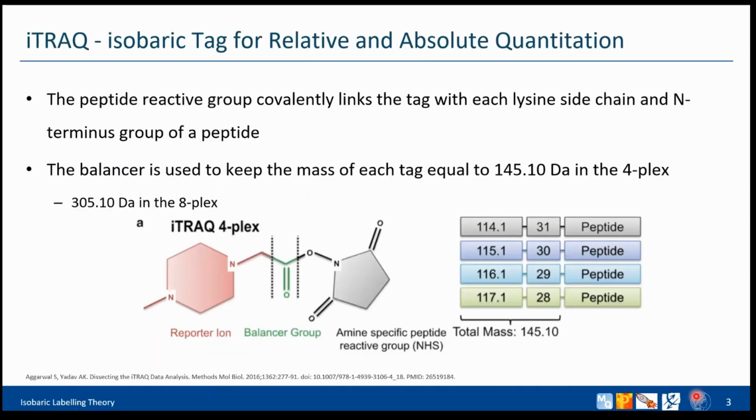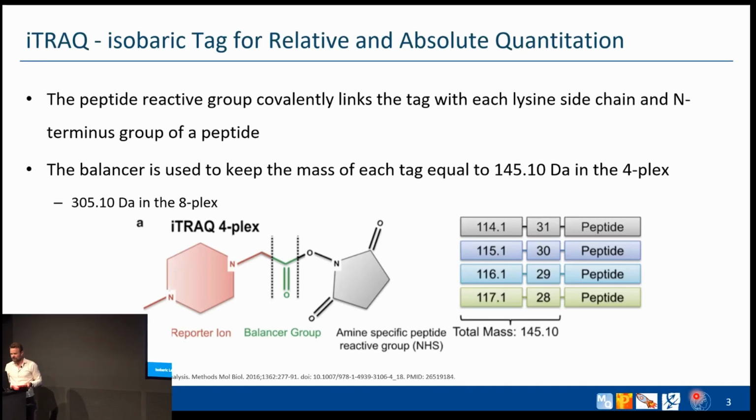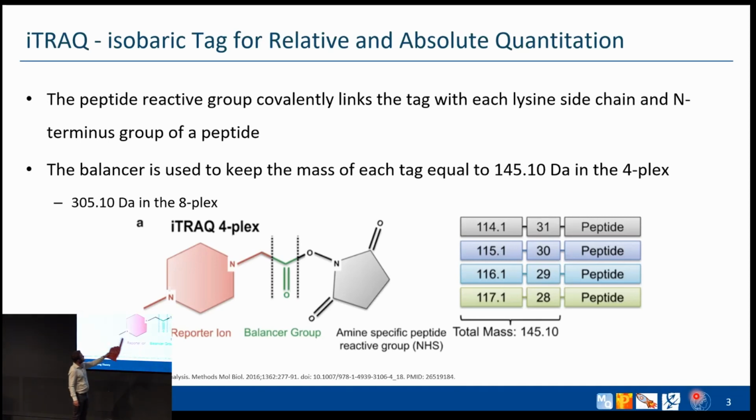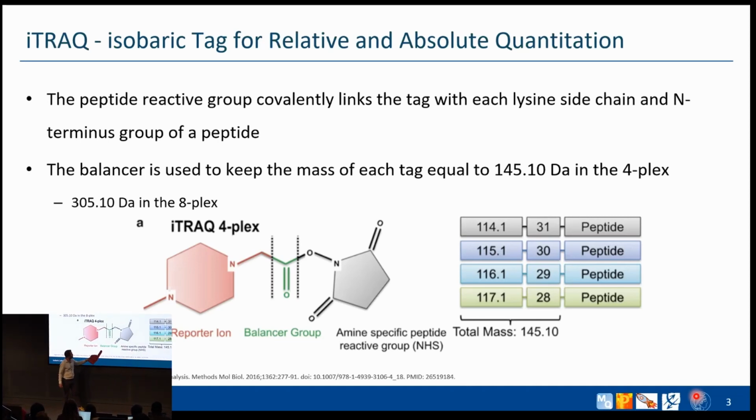Okay, so this is iTRAQ. iTRAQ is one of these isobaric tags, developed and sold by SciEx, and it consists of these three parts. That's the molecule. We have an amine-specific reactive group on one side, then there is a balancer group, and we have a reporter ion. And the mass is the same.